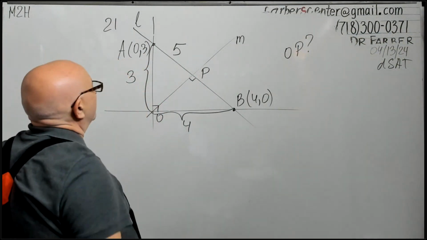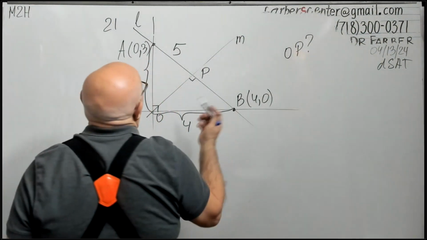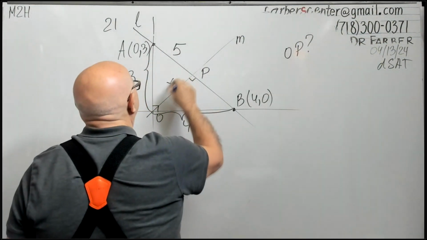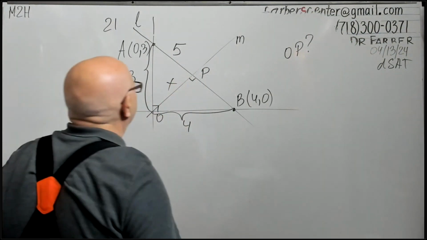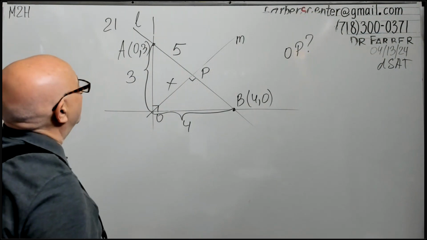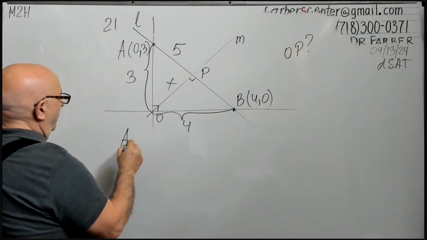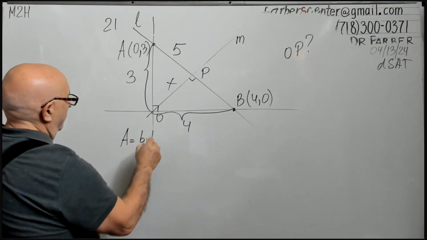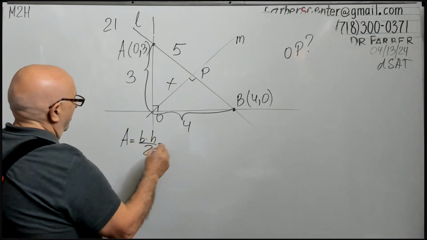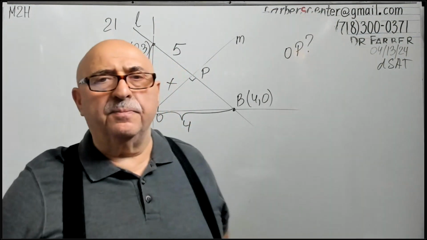Since this is perpendicular, let me name it OP, some variable, let's say X. You can easily do it in one line. Look at this. Area of a triangle, from 4th, 5th grade, equals base times height divided by 2. How many bases do we have in a triangle? 3 bases, right?